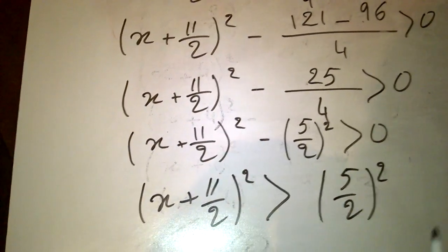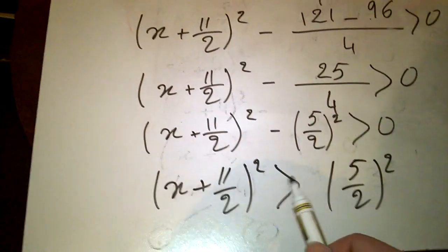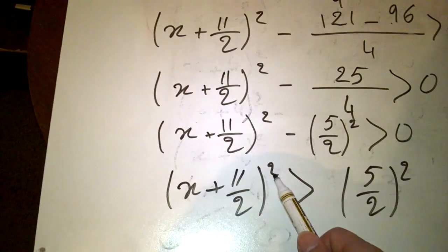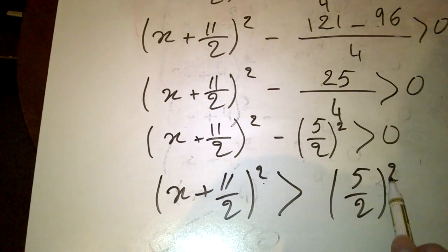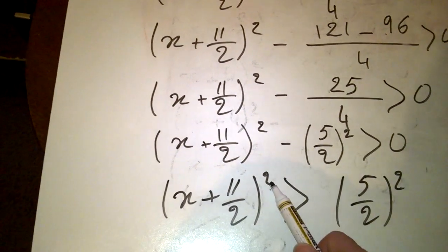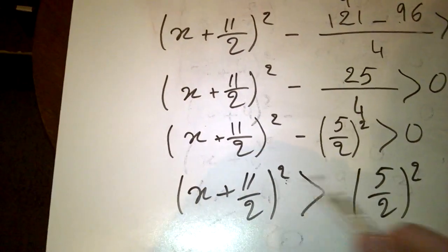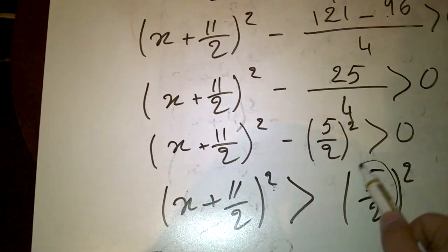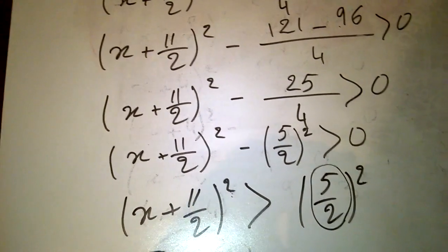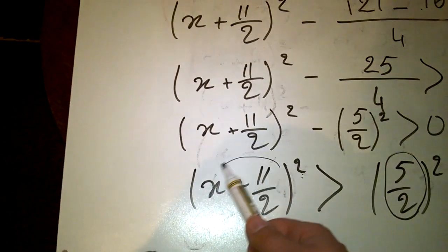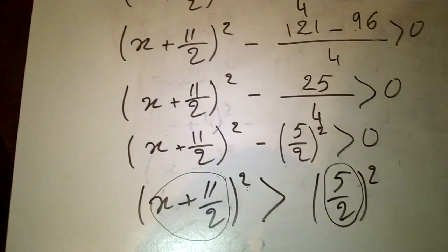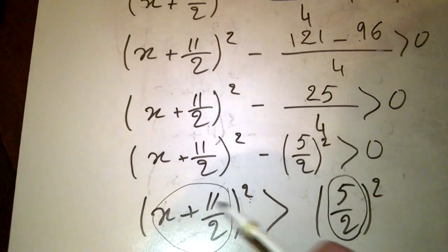Okay, now the next step is to take the square out. To take the square out from here and here, this must be positive, which is already positive, 5 over 2 is positive, and this must be positive too.